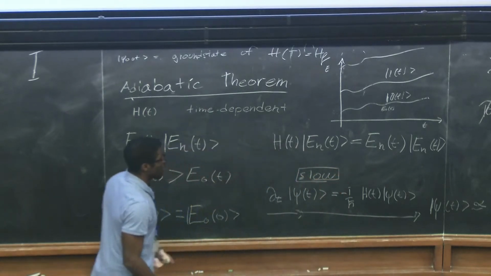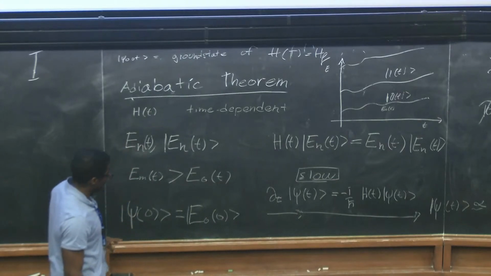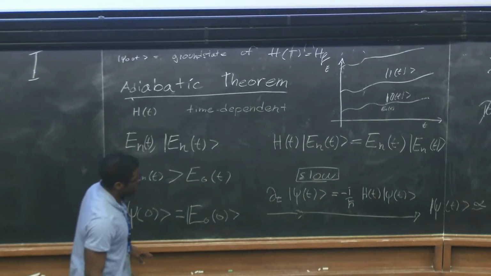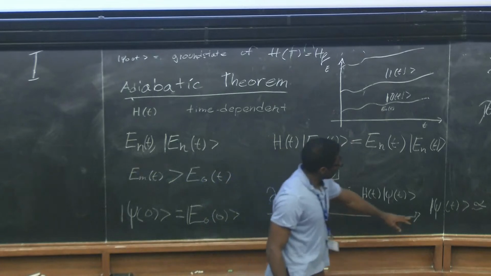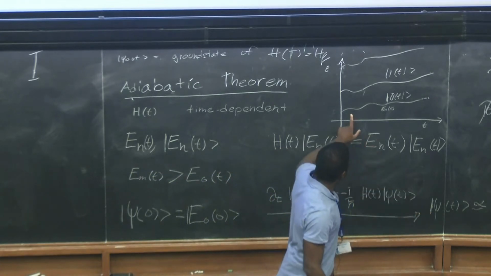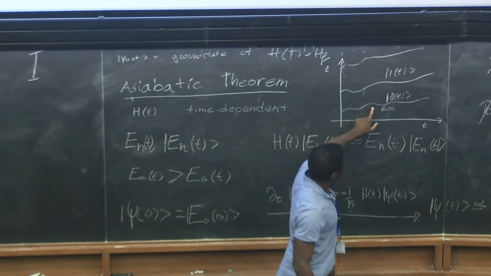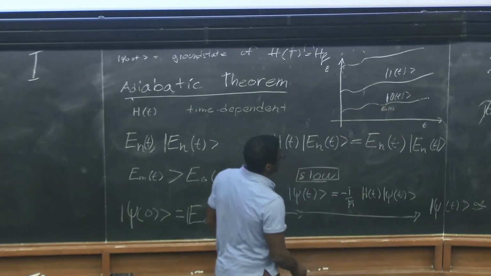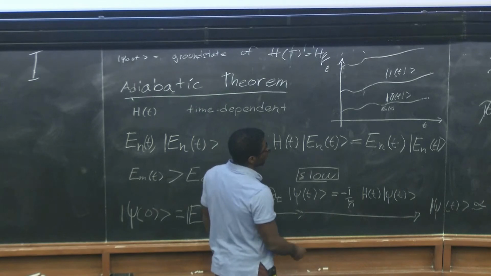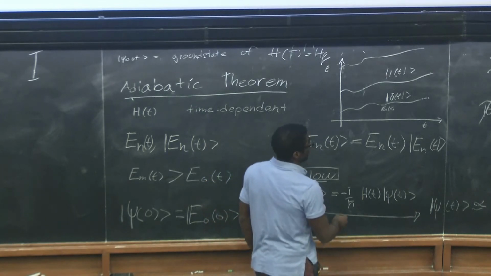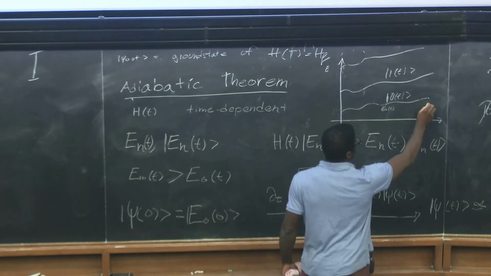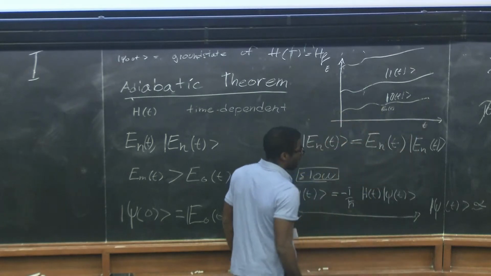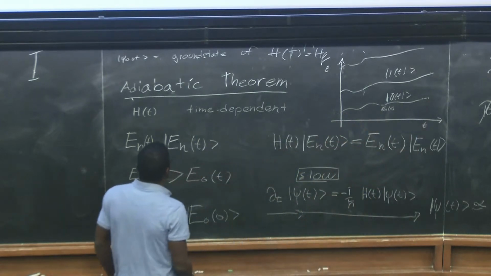If the Hamiltonian is changing sufficiently slowly, what will happen is that the state will always remain in the instantaneous ground state, the evolved state. And thus, I can use this idea to prepare the ground state of a final Hamiltonian, starting from the ground state of an initial Hamiltonian.